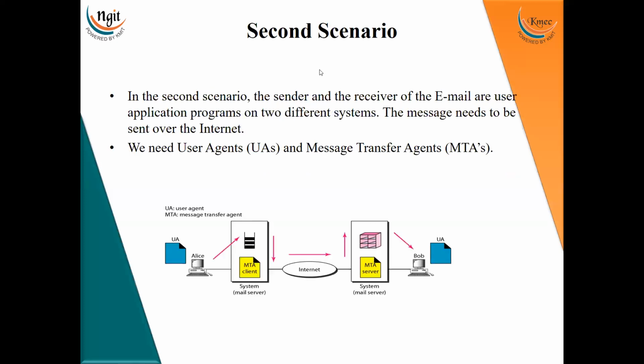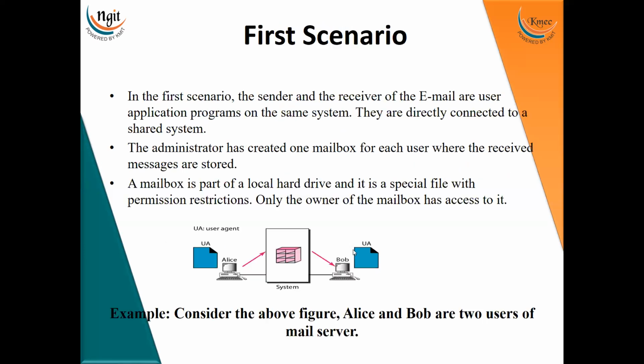Now, in the second scenario, previously Bob and Alice worked on the same system. For Bob, one mailbox will be there, as well as another mailbox for Alice.